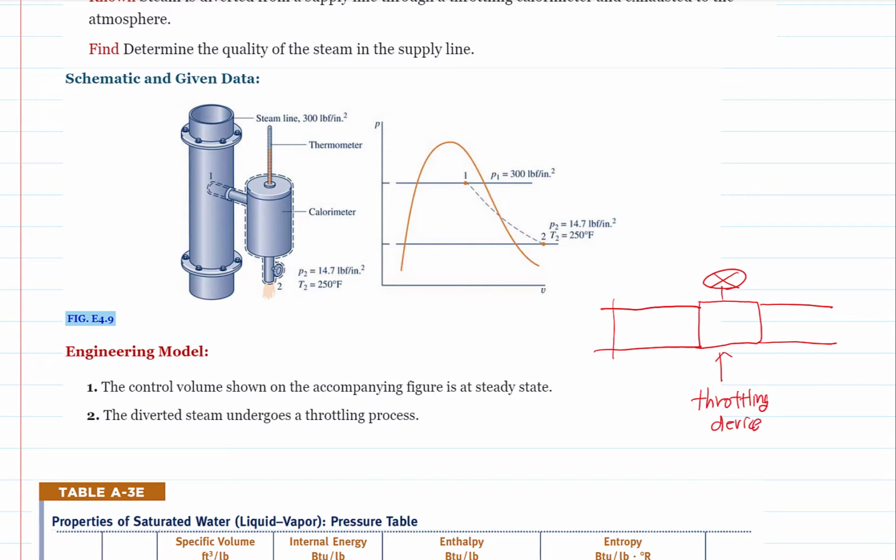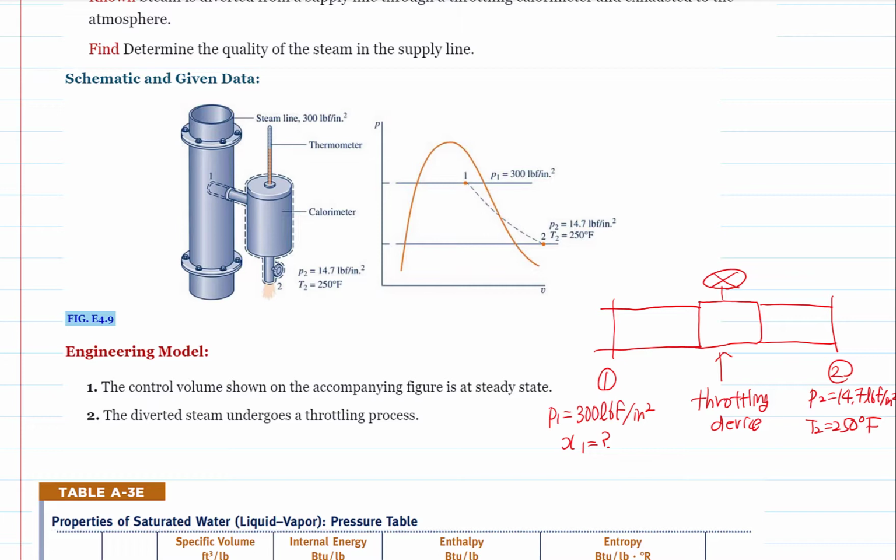This is position 1, position 2. At position 1, the phase of water is a saturated liquid-vapor mixture. At position 2, it's in the superheated vapor phase.